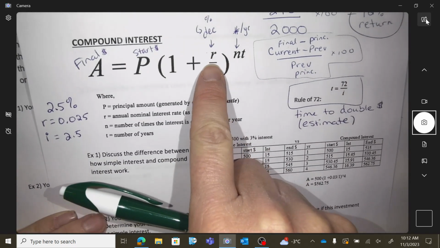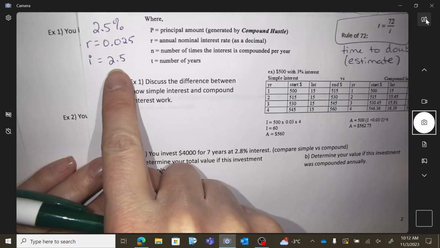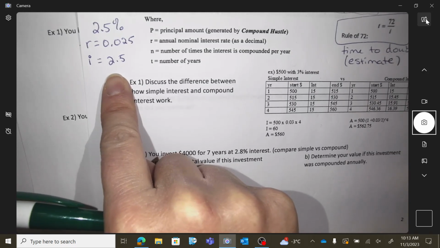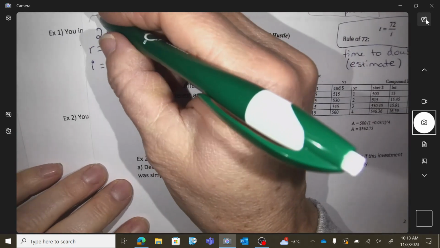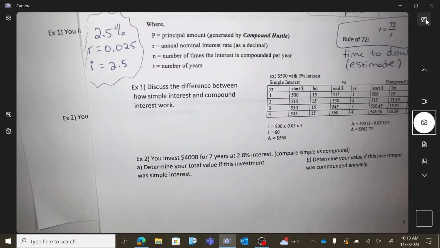So do you see how this formula used R and this one used an I? An I just does the interest as whatever percent you have. They're both talking about the same thing, but the R changes it to the decimal.